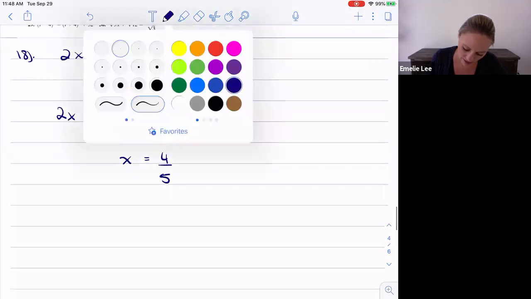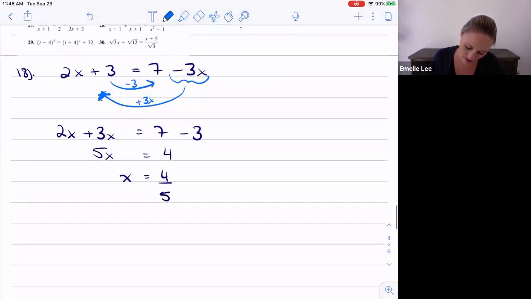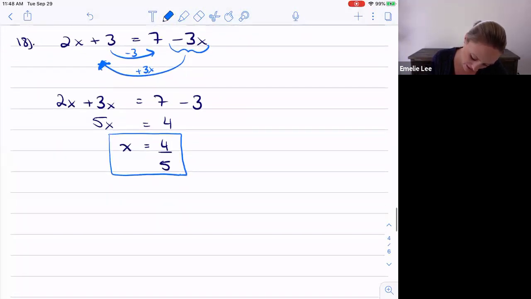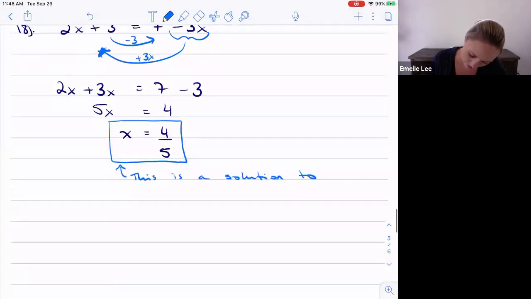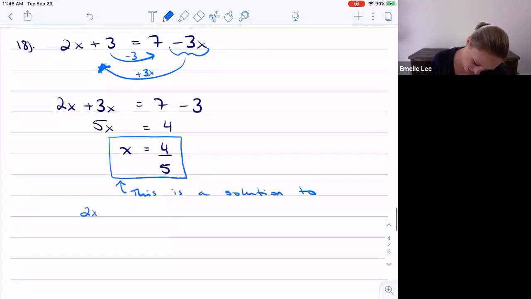But what we mean here is that x equals 4 over 5, right? This is a solution to 2x plus 3 equals 7 minus 3x.